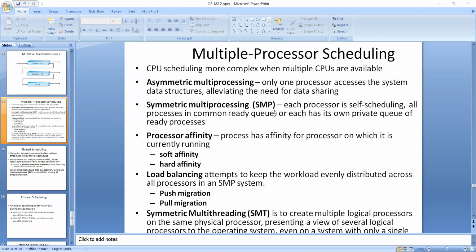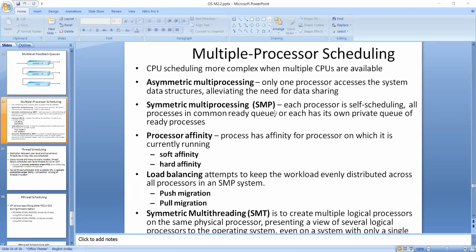There will be periodic checks on the load of each processor. If it identifies an imbalance in load distribution, push migration will move the load from the overloaded processor to idle processors. Next is pull migration. Pull migration occurs when an idle processor pulls a waiting task from a busy processor.